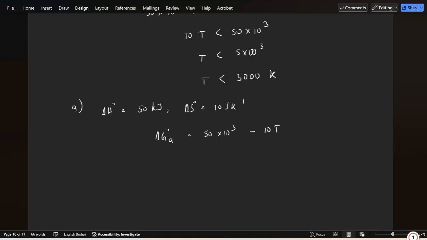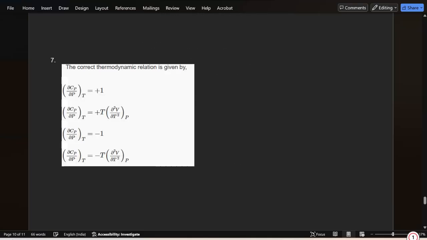Now let's equate this to less than 0. So 50 into 10 power 3 minus 10T is less than 0, which gives minus 10T less than minus 50 into 10 power 3. We need to multiply by minus 1 on both sides, and the sign is going to change, right? You understand, right?